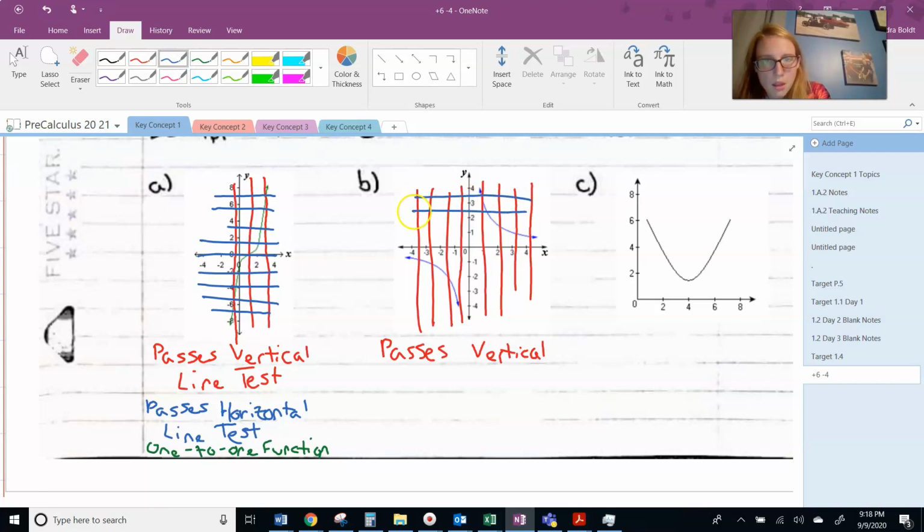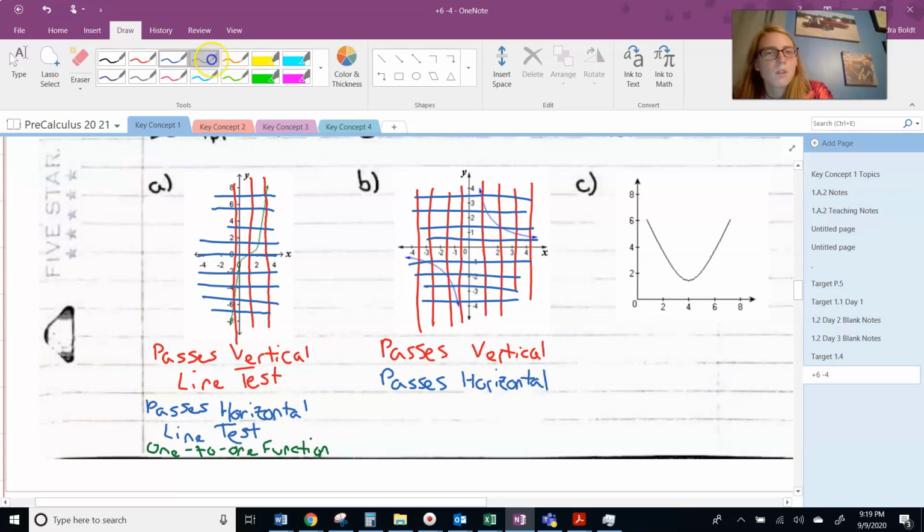Horizontal. That's nice. It does pass the horizontal line test. So since it passes both, this is a one-to-one. Both the function and its inverse will be functions.